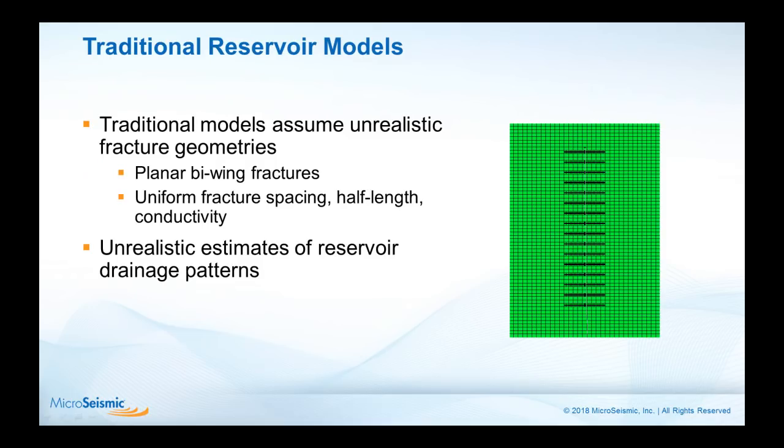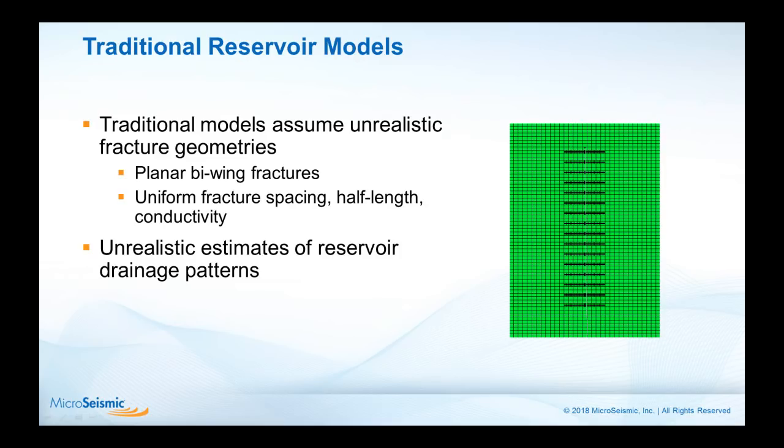The traditional and still common approach to reservoir modeling of unconventional wells is to assume planar bi-wing fractures that have uniform spacing, half length, and conductivity, as you can see here on the right. I think we all agree that due to variabilities in reservoir properties and the existence of natural fractures and faults, hydraulic fracturing results in a much more complex fracture network in the reservoir.